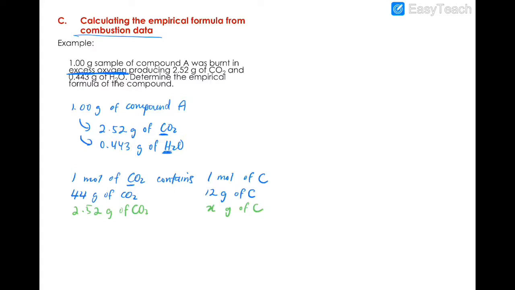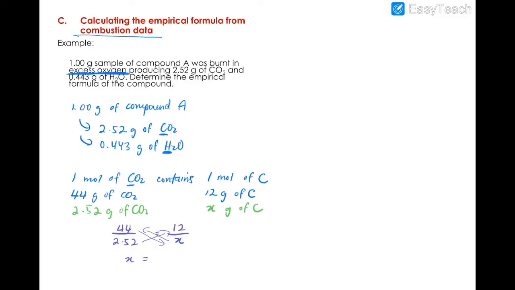So, kalau kita ambil buat ratio, so 44 divided by 2.52 is equals to 12 divided by X, where X dekat sini adalah mass of carbon yang kita nak cari. So bila kita rearrange balik, kita nak cari value of X kan. So X ni kita bawa pergi sebelah naik atas, so meaning 44 ni bawa turun bawah, 2.52 bawa ke sebelah.